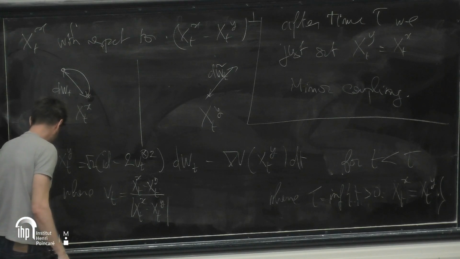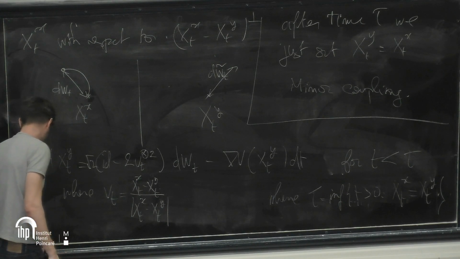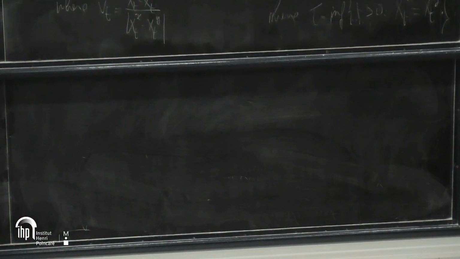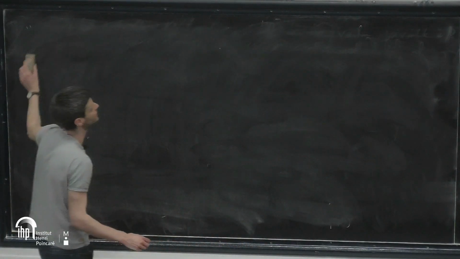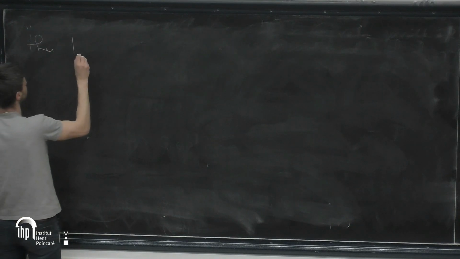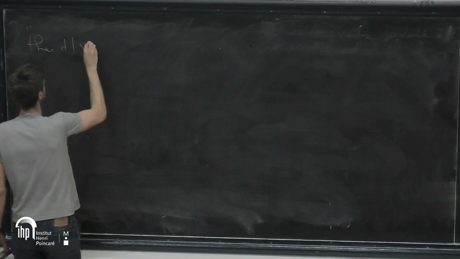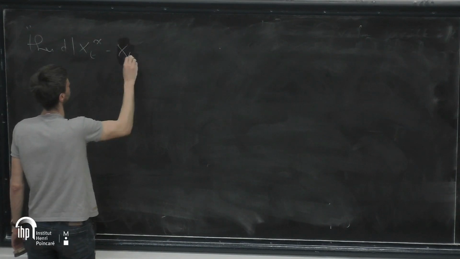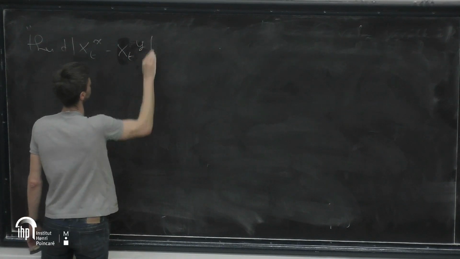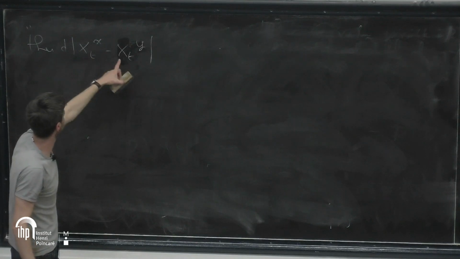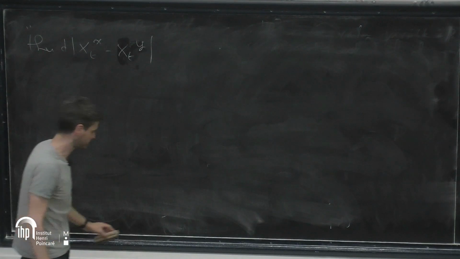It turns out that now, I will skip some of the computation, but if you apply Ito to the Euclidean norm of Xt^x minus Xt^y, you have some terms that cancel out.